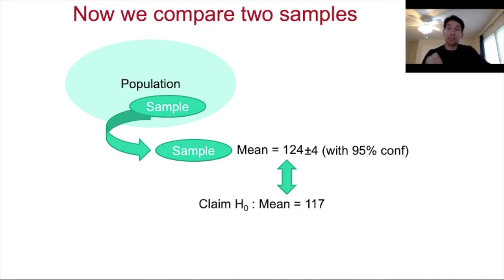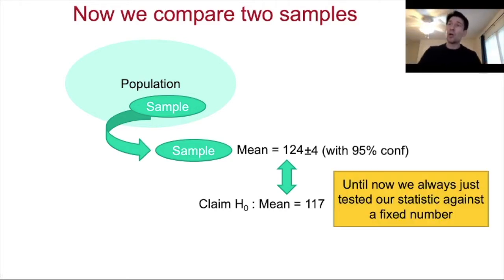And then we were able to test some claims. And we could say, okay, given that I know this about my sample, is the mean different from 117? Okay, so importantly, until now, we always just tested our statistics against a fixed number. For instance, 124 tested against 117.